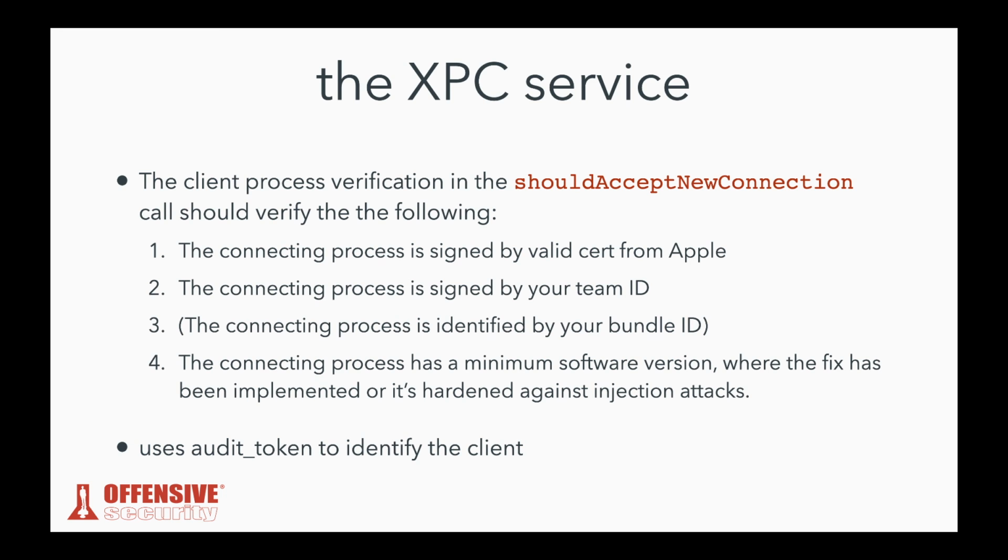If it's signed by your team ID, then potentially verify the bundle ID you expect, and either verify the software version with the bundle ID, or verify that the client is hardened against injection attacks. So it has the hardened runtime or the library validation flag set and doesn't have those entitlements. And to do all of this, it has to use audit token.